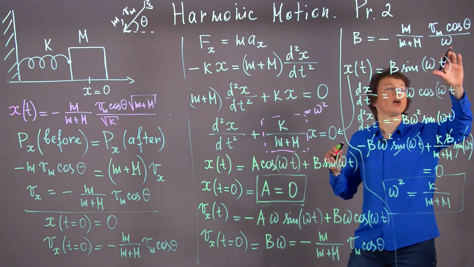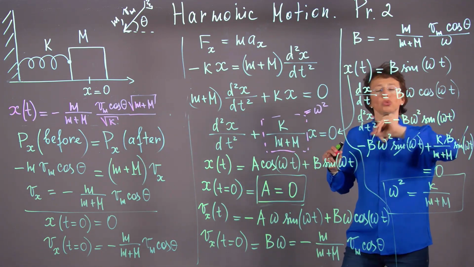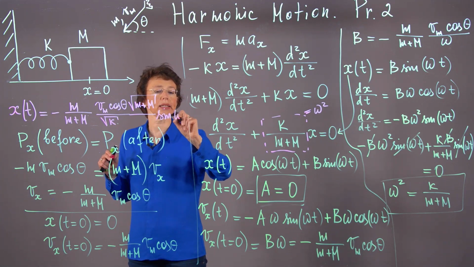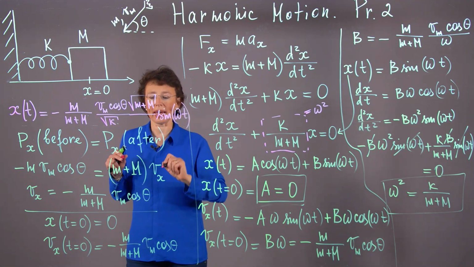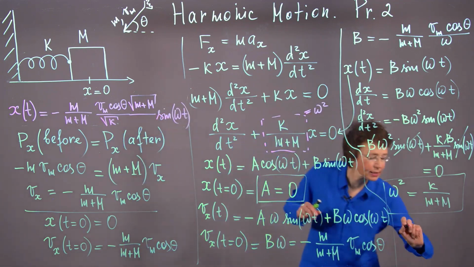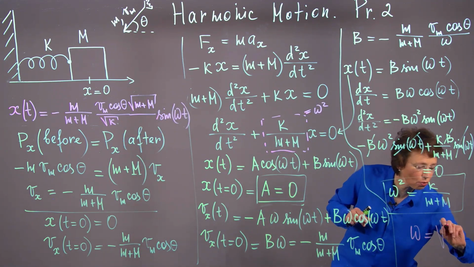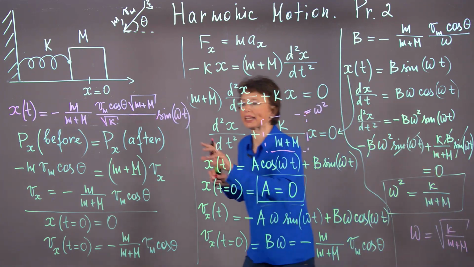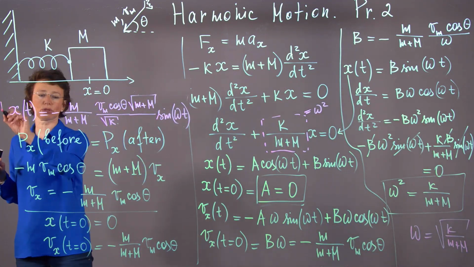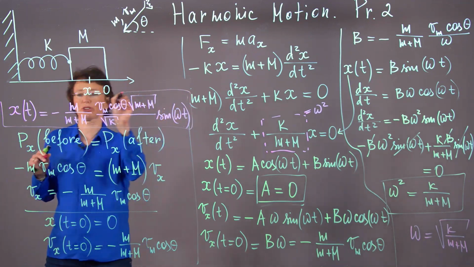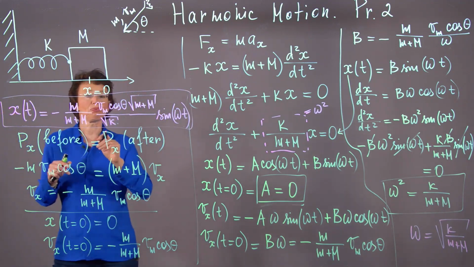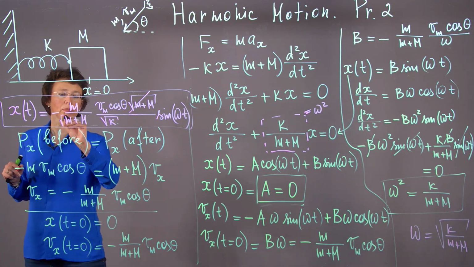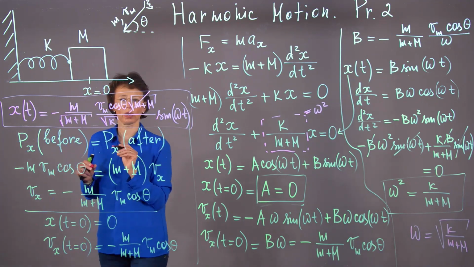This is omega, and now I'm ready to write sine omega t, where omega, one more time, is square root of k over m plus m. I did not plug in omega here because I ran out of space, but it's not important. I can actually simplify it, m plus m here is square root.